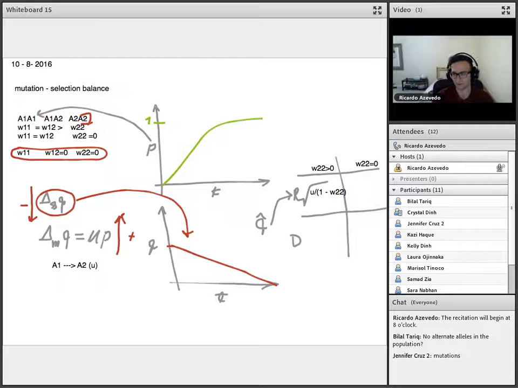In the case of lethal, of course, W22 is 0, so it's 1 minus 0, which is simply 1. So that would be simply the square root of the mutation rate.